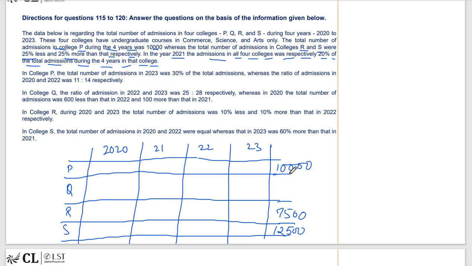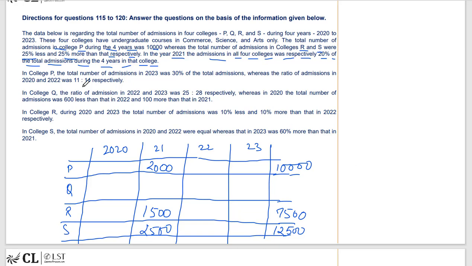So for P, if this is 10,000, for 21 the data should be 20% of this, that is 2,000. For R, if the total data is 7,500, 20% of that, that means one-fifth of that, is going to be 1,500. And for 12,500, it is 2,500.